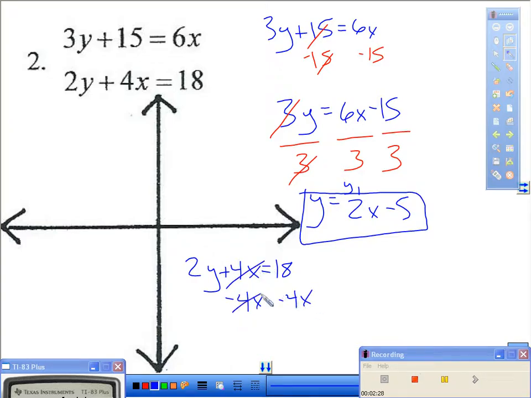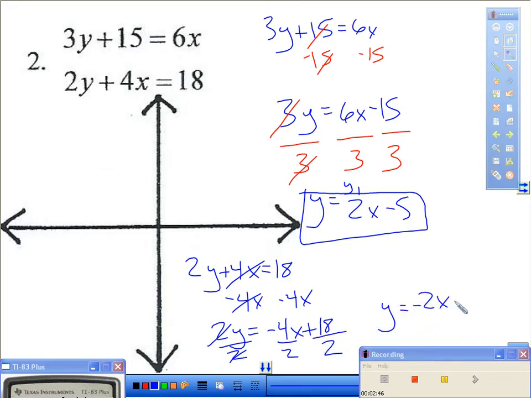So 4x minus 4x is going to give us 0, leaving us with only 2y on the left. It's going to leave us with negative 4x plus 18 on the right. From that point, we'll divide the left and the right by 2 so that the 2's will divide to give us 1, leaving us with y equals negative 2x plus 9. At that point, that equation is solved for y, which means that we're ready to enter it into y2.